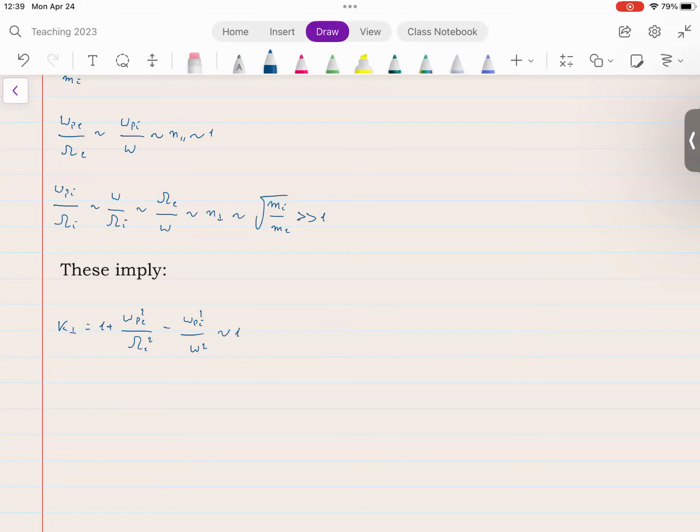This is of order 1. K sub A is omega plasma electrons over omega times omega cyclotron electrons. So this is going to be large.